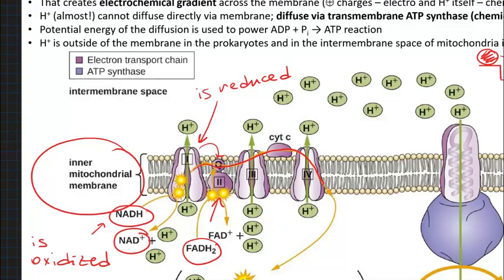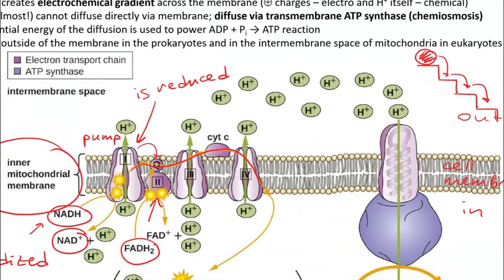Okay? So what is this energy used for? It is used to pump hydrogens from one side of the membrane to another. Now when you look at this side, how would you compare the concentration of hydrogens on top of the membrane to the concentration at the bottom?